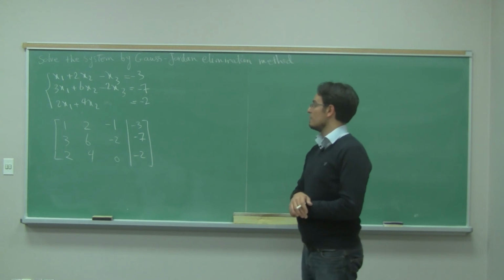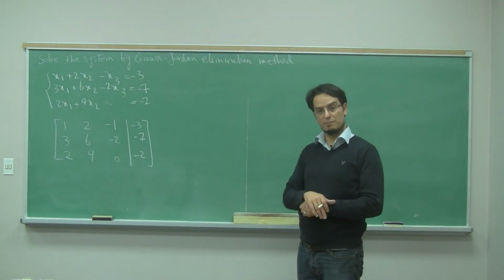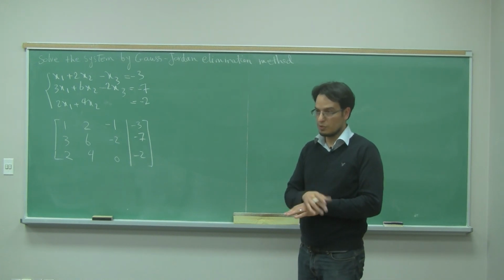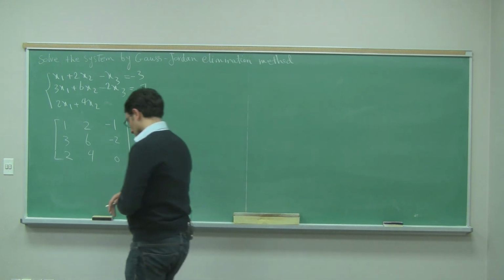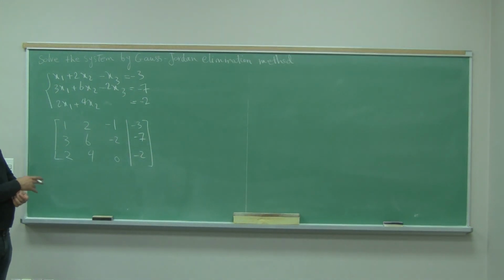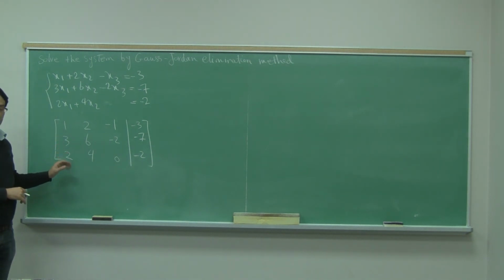Then the second step is that I have to transform this matrix to its row-reduced echelon form. I have to use elementary row operations. And how I do this is that, first look at the first column.